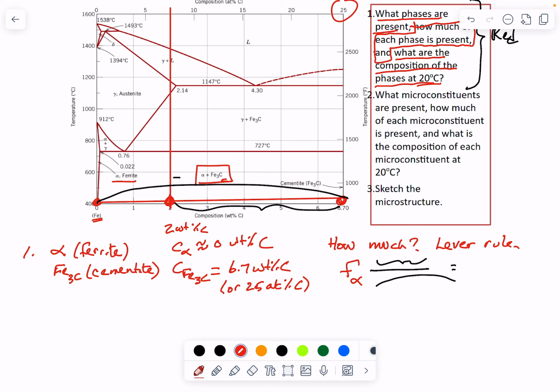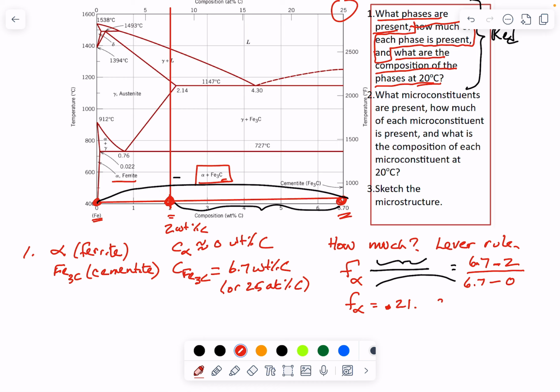In other words, it will be 6.7, which is that point, minus 2, divided by the whole line segment length, which is 6.7 minus about 0. So that is 4.7 over 6.7, and when you do that calculation, the fraction that is alpha ends up being 0.21.